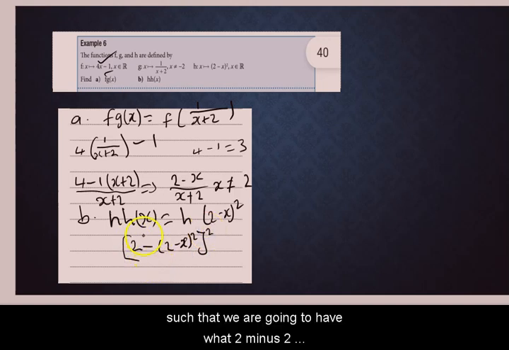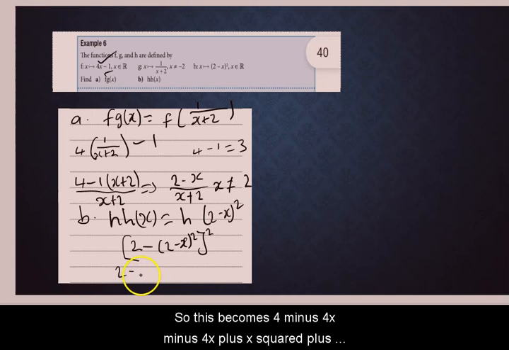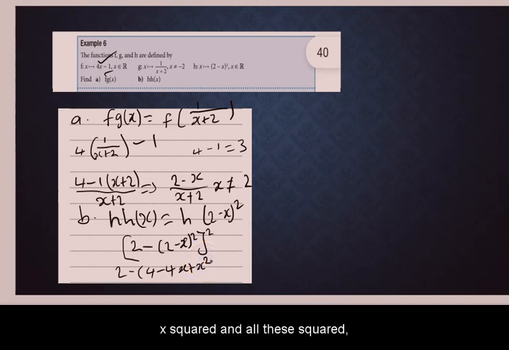Such that we are going to have what? 2 minus 2 squared gives us 4. So this becomes 4 minus 4x plus x squared, and all these squared.